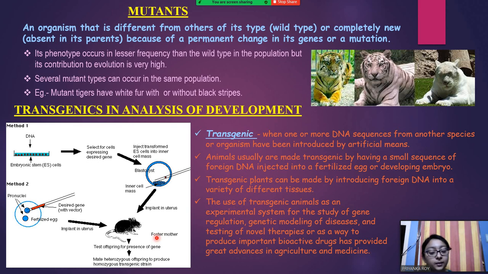There are several other methods, and I'm not going into details because you do not require that much detail. The use of transgenic animals is very important for the study of developmental biology, because you can create a genome which has the genomic complement of certain diseases, and then study those diseases in mice of that particular strain.